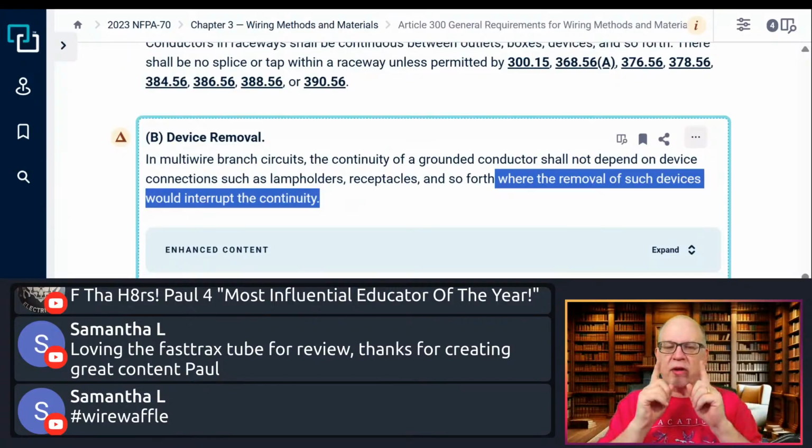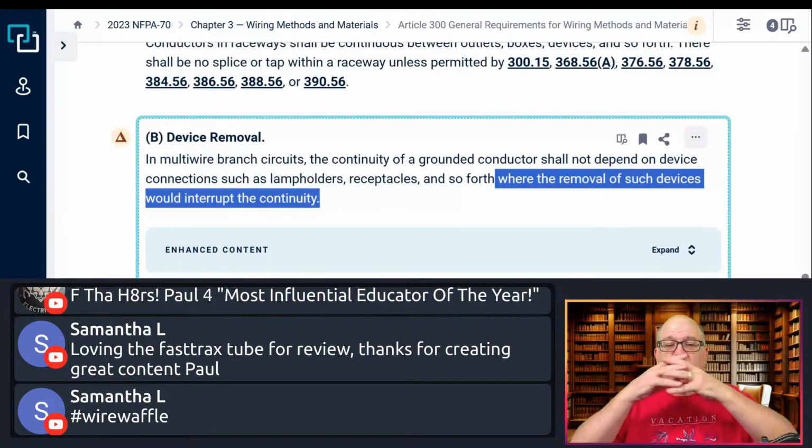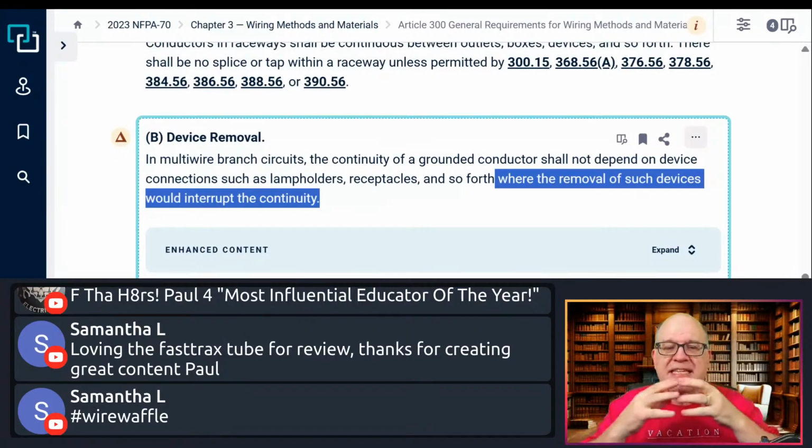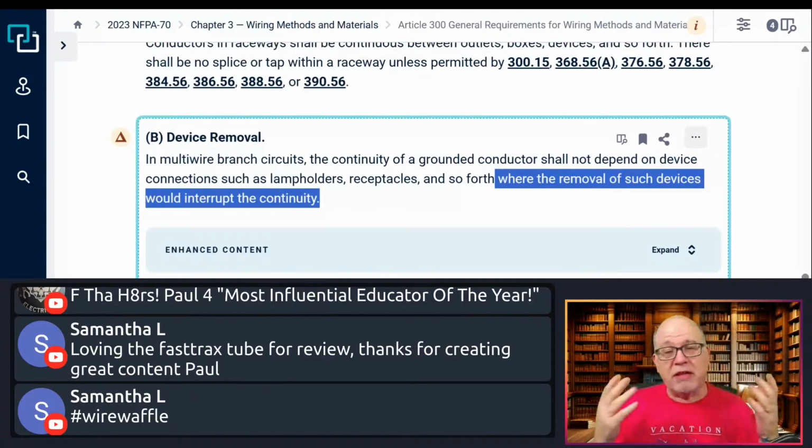That means you take two separate 120 volt circuits, and since they're sharing the neutral, if you remove the neutral, they're going to become a 240 volt circuit, and you're going to start burning things up. So in order to stop that, the code is very clear. It says don't let the receptacle, the lamp holder, or the luminaire be the actual splice that maintains the integrity of that grounded conductor in a multi-wire branch circuit.